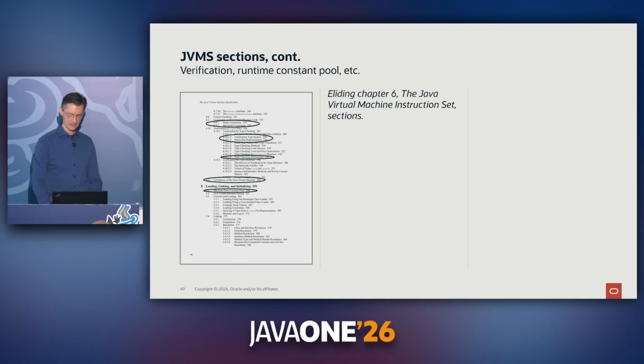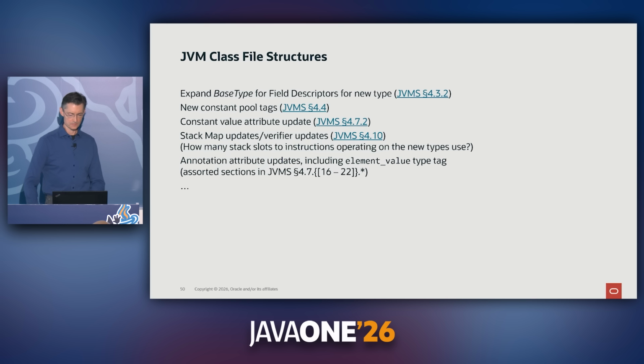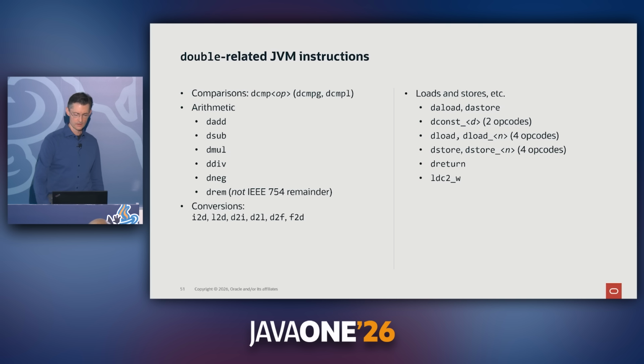I will discuss the exact instructions in a little bit. The main point is many updates throughout the specification. This is summarizing just some of the class file structures that need to be updated to support a new primitive type. These are the actual double related instructions we have in the instruction set: comparison, arithmetic, multiple instructions for conversions to other primitive types, and then loads and stores.